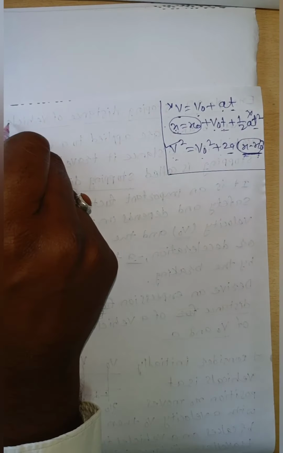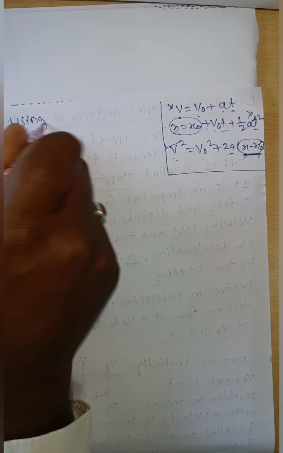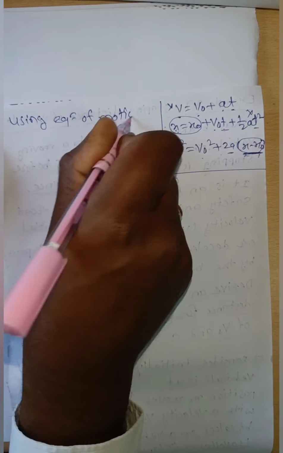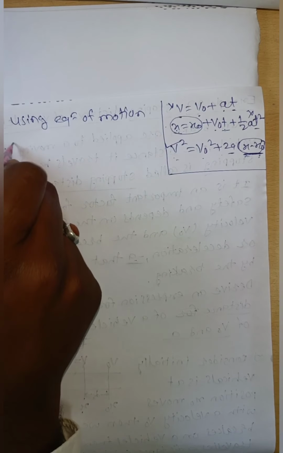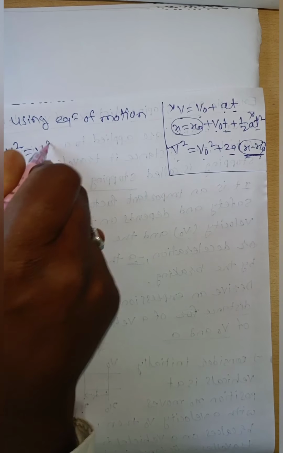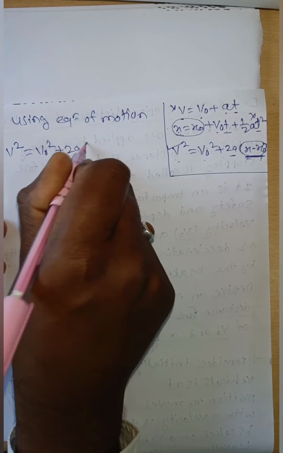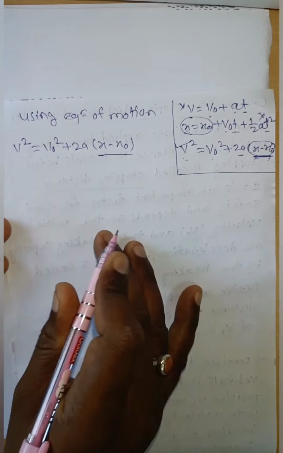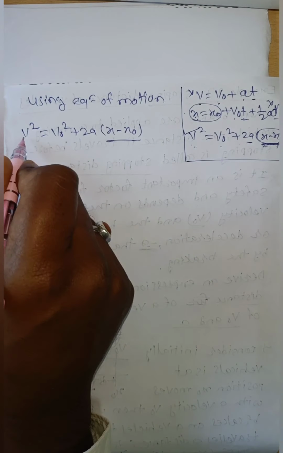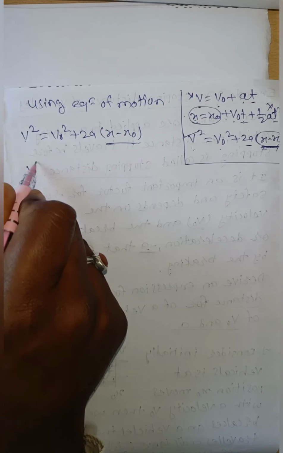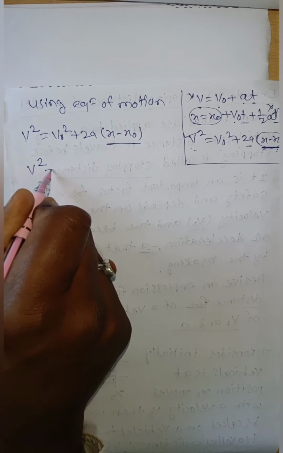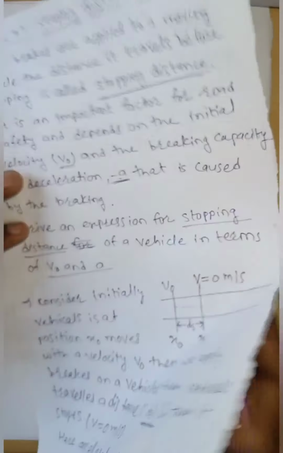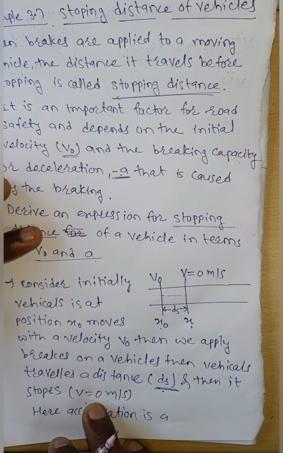Using the equation of motion, v square is equal to v naught square plus 2a into x minus x naught. Now you know that x minus x naught means the stopping distance. Then what is the final velocity? The final velocity is 0.